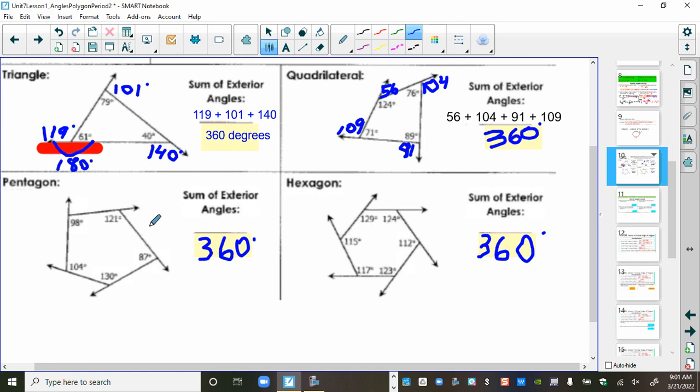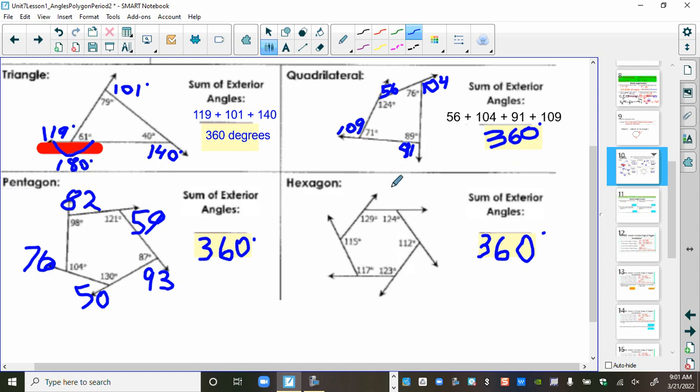I'll just write the numbers for this one, but then the last one you can try on your own. So the outside is 50, 93, 76, 82, and 59. You can check, add them up, make sure you get 360. I'm not going to do that for you.